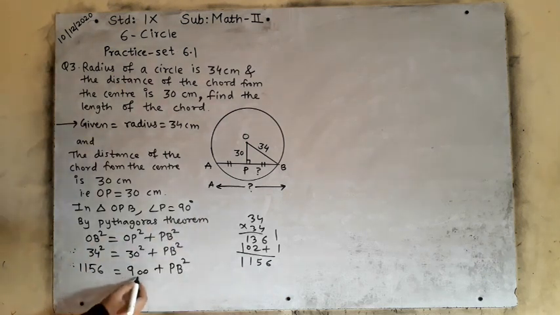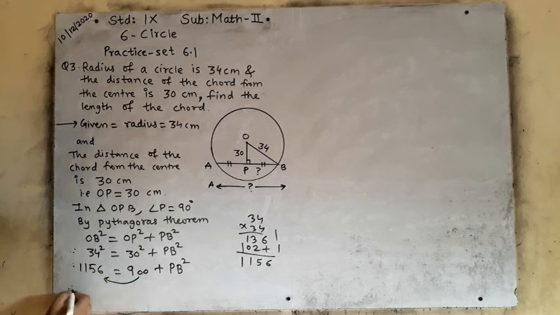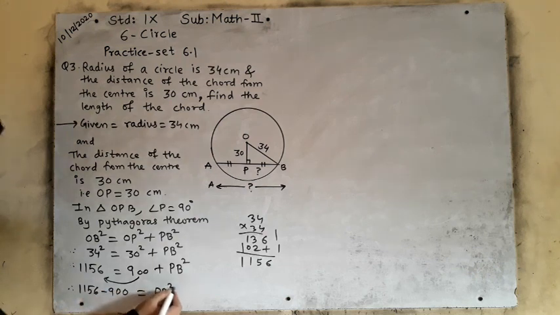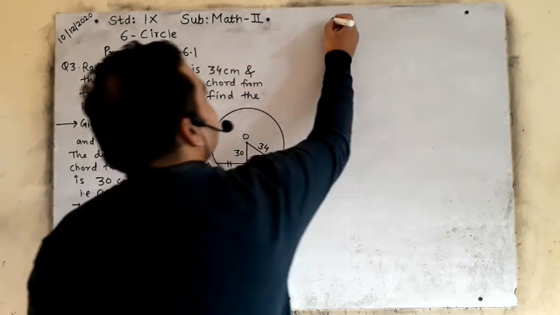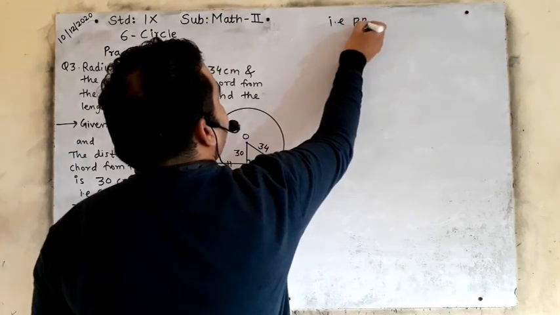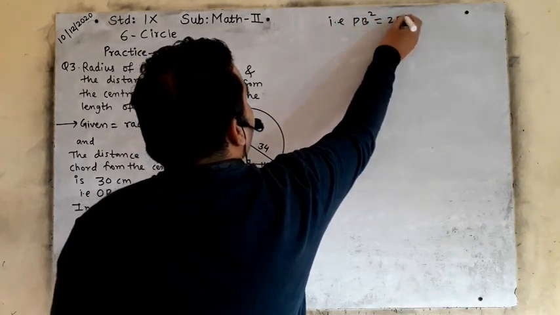Now this 900 will come over here, so 1156 minus 900 is equal to PB square. The answer is 256. That is, PB square is equal to 256.